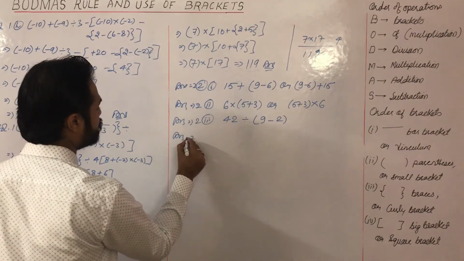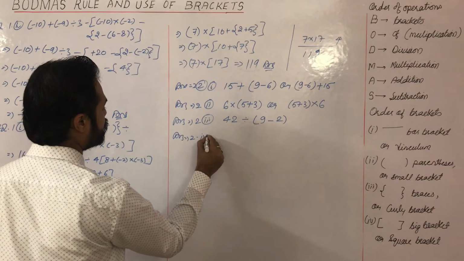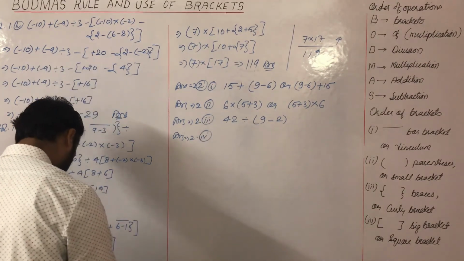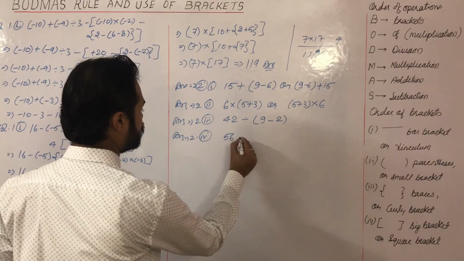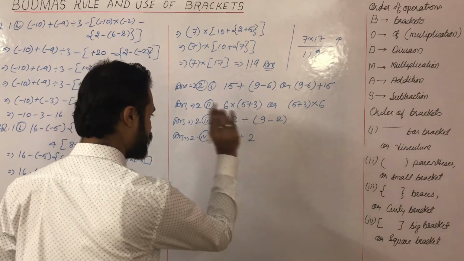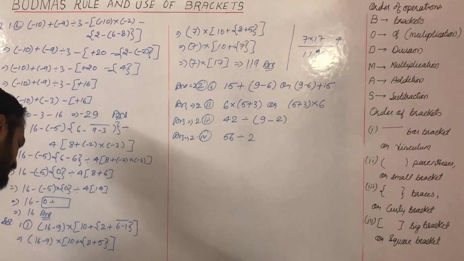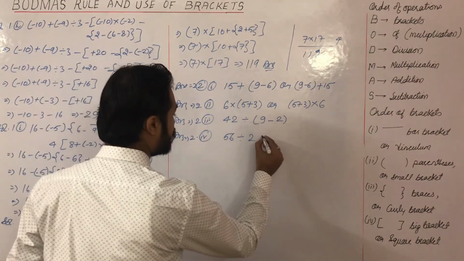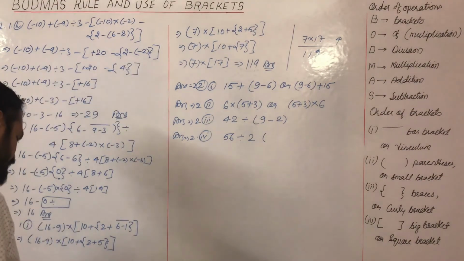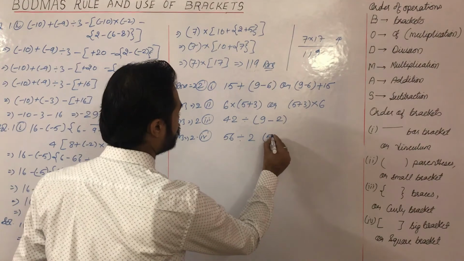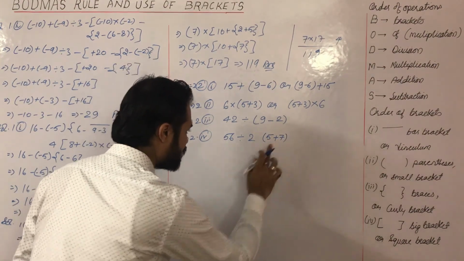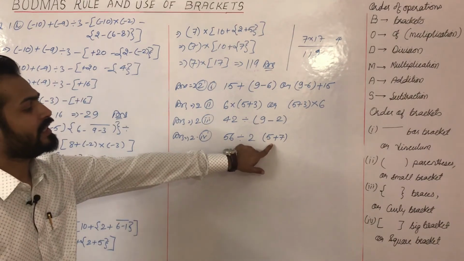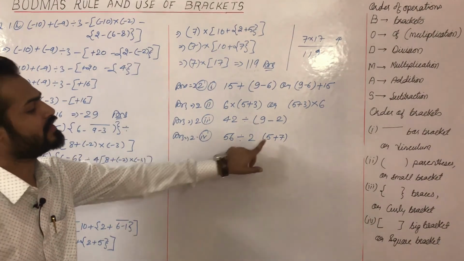Next, part 4, 56 divided by 2 more than the sum of 5 and 7. So the sum of 5 and 7, and 2 more than the sum of 5 and 7.